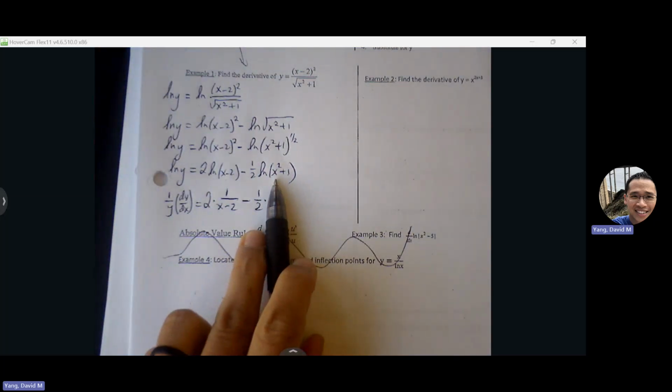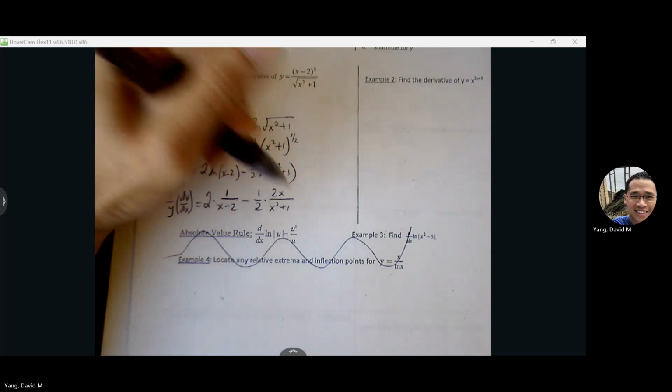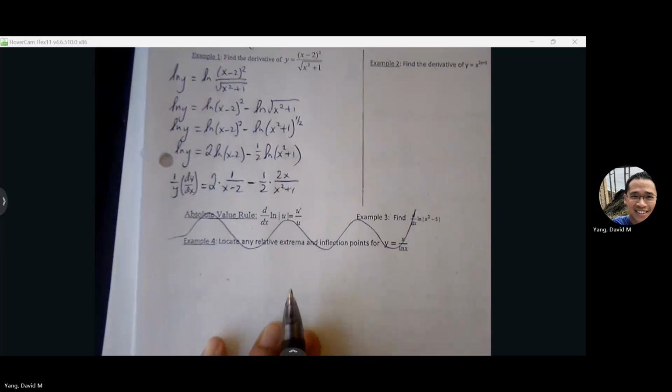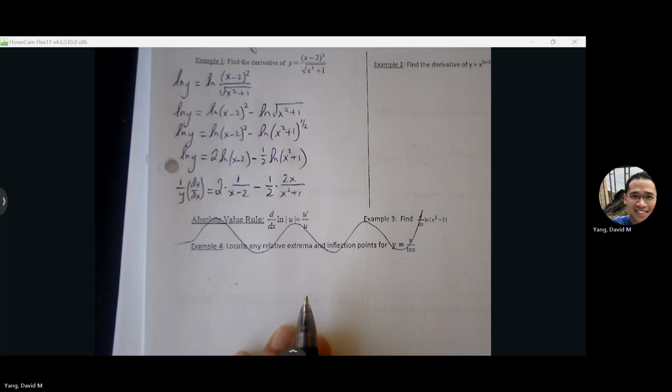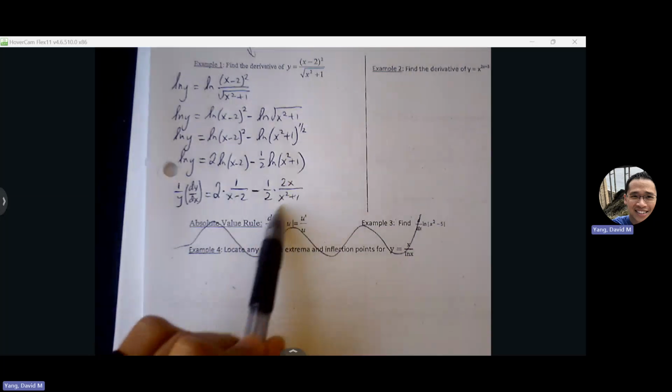Natural log of x minus 2 becomes 1 over x minus 2. 1/2, coefficient stays. U prime over u. Do a little bit of cleanup here, but essentially, this is fine.